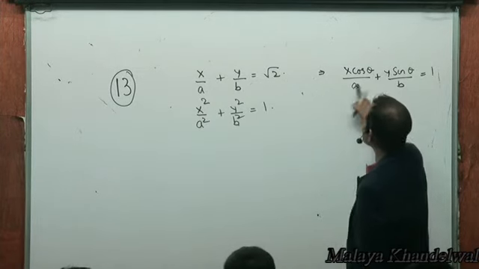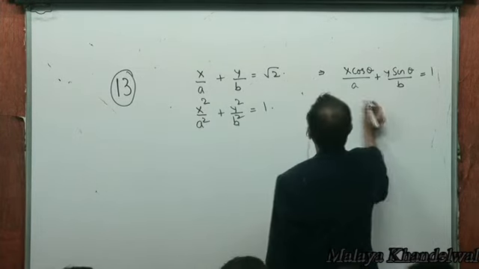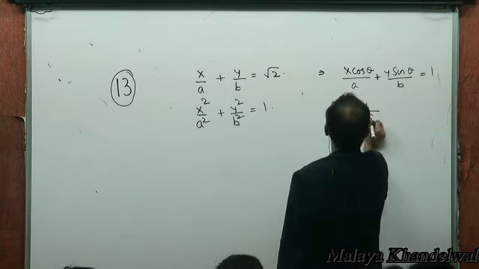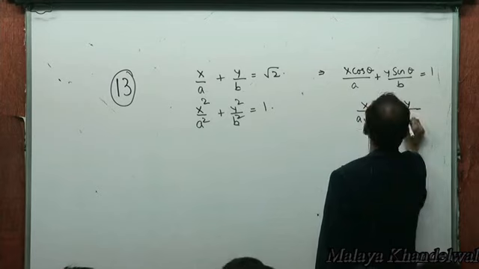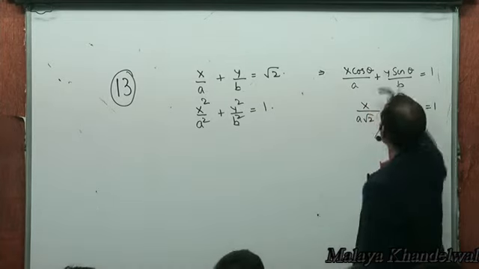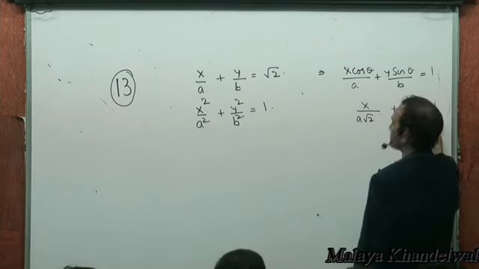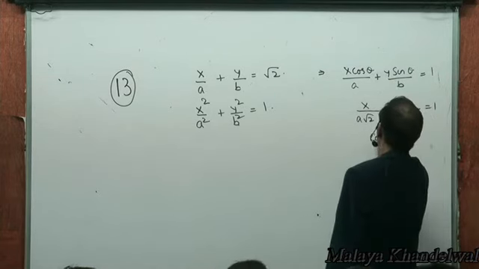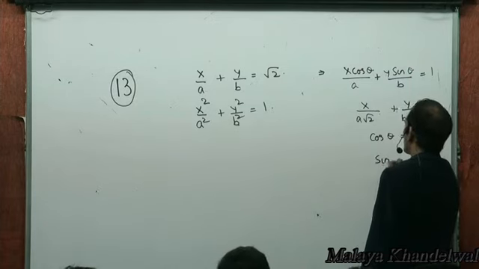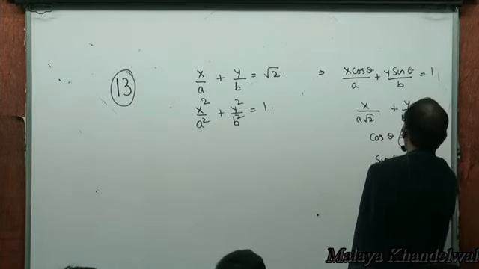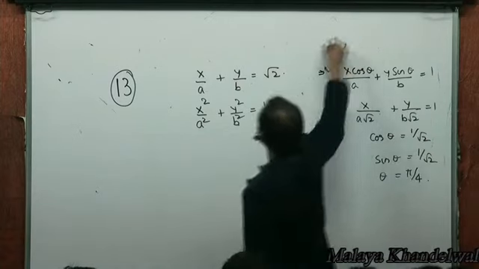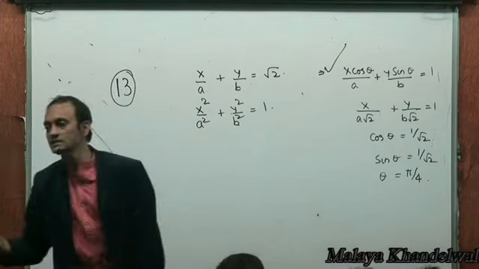If these two tangents are the same, then I could rewrite this tangent as x by a root 2 plus y by b root 2 equal to 1. These two lines are identical, so cos theta is 1 by root 2, sin theta is 1 by root 2. So theta must be pi by 4. So the eccentric angle of the point where this line touches this curve is pi by 4.